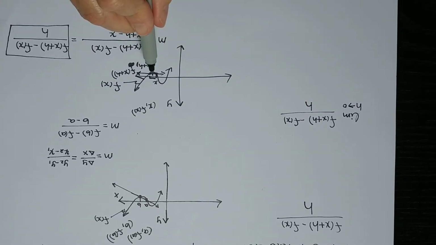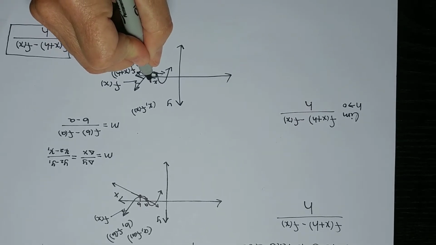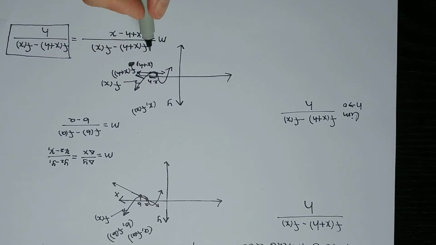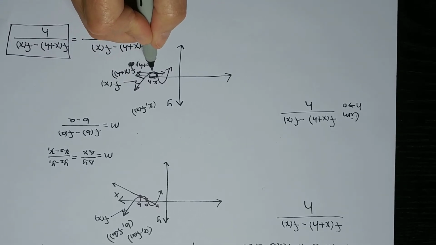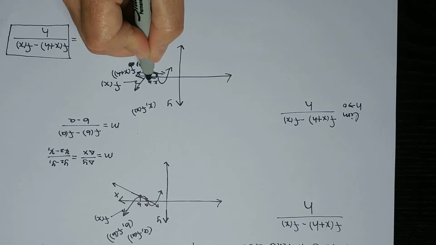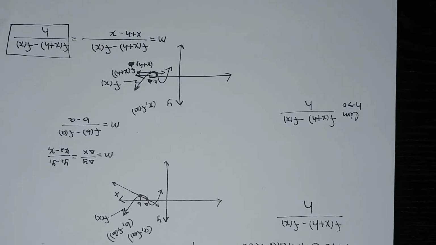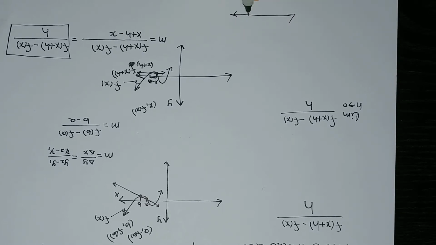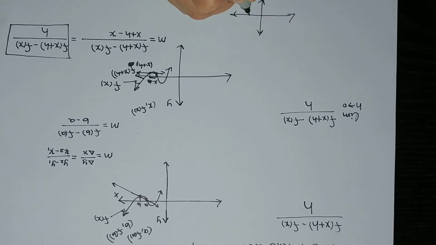So if we look at this graph right here, this right here is the distance h, right? But let me draw a bigger picture because this is hard to see. Okay, let's say this is x, and this is x plus h.